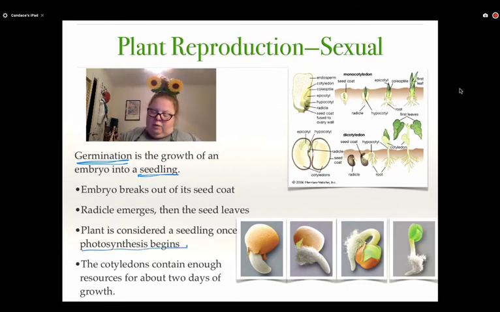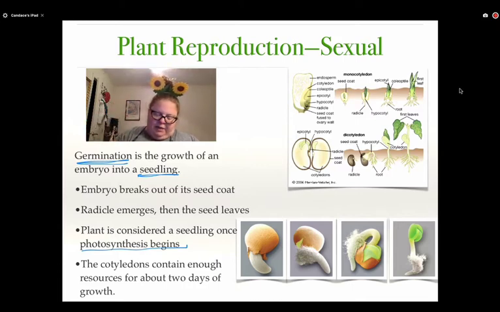Okay? So what happens is the seed absorbs water through osmosis, and this essentially hydrates some of the proteins and carbohydrates that are within the seed, and the seed physically will swell, and that gives access to the water to other parts within the seed, and it basically activates the enzymes inside that allow these processes to start working to allow for our seedling.